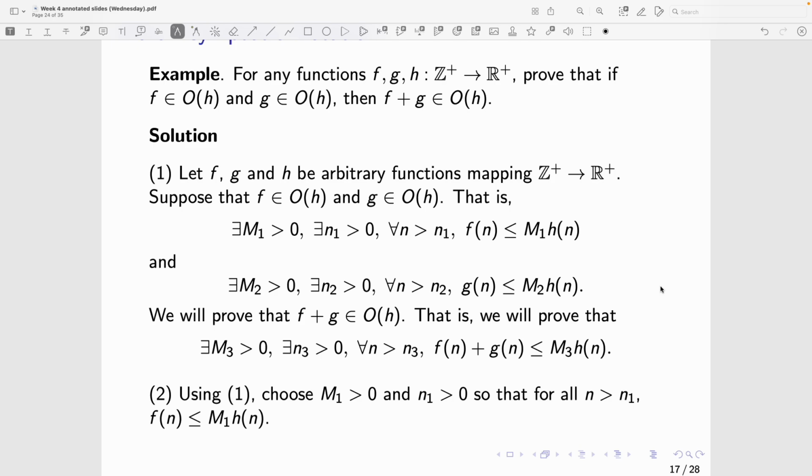And based on the m1, n1, m2, and n2, we'll show that there exist m3 and n3 such that f of n plus g of n is bounded above by some constant multiple of h of n. That is, f of n plus g of n is in big O of h of n.